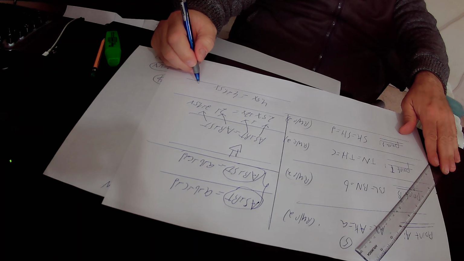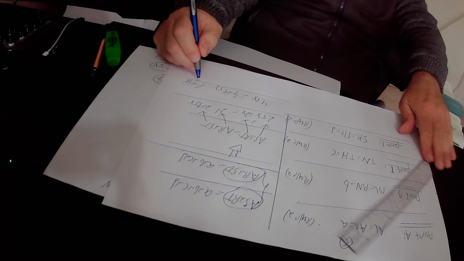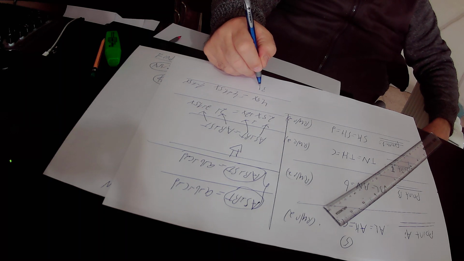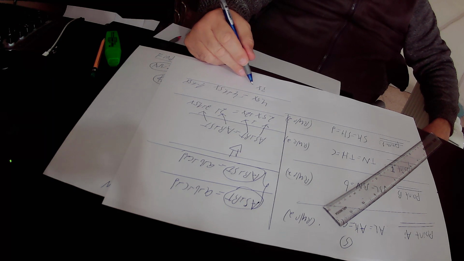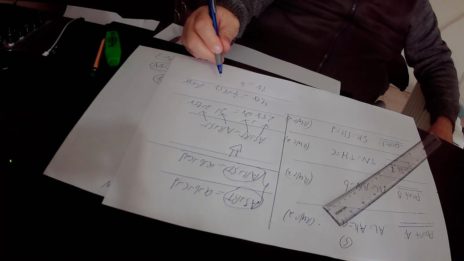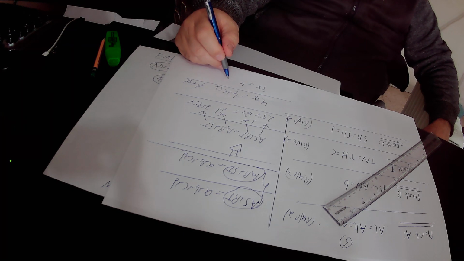Here we subtract 1.5x from this equation, and we get that 4.5x minus 1.5x is 3x. That equals 4. 1.5x minus 1.5x is 0. So we found out that 3x equals 4. Here we divide this equation by 3.